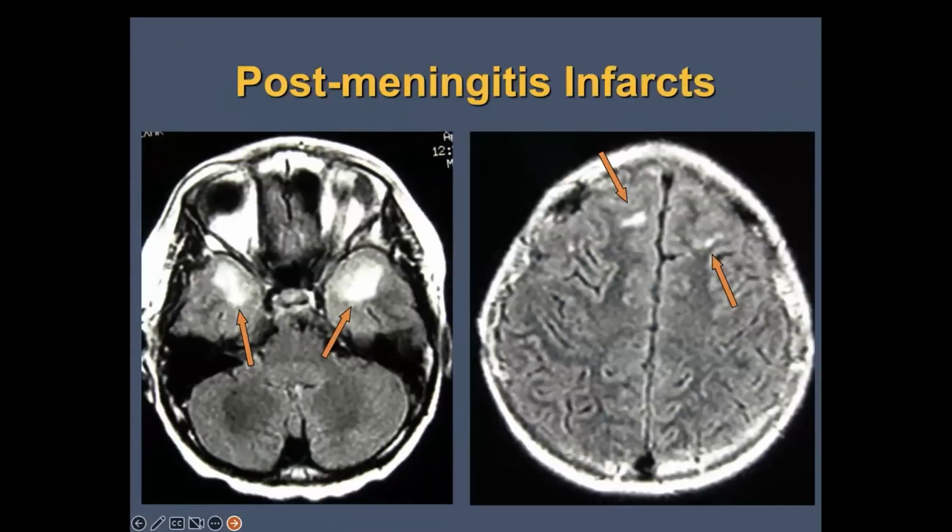Infarction is the dreaded complication, of course, of tuberculous meningitis, and is quite common because of the profound vasculitis that these patients can get. So you will see these bright spots within the white matter and sub-gray matter areas that all represent infarctions that can occur.